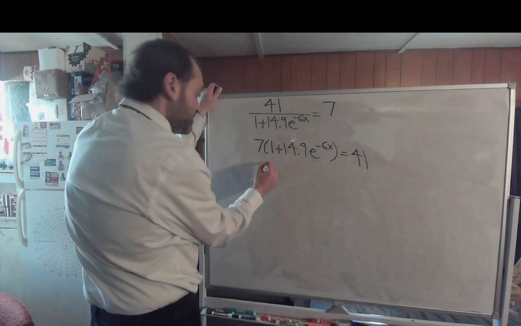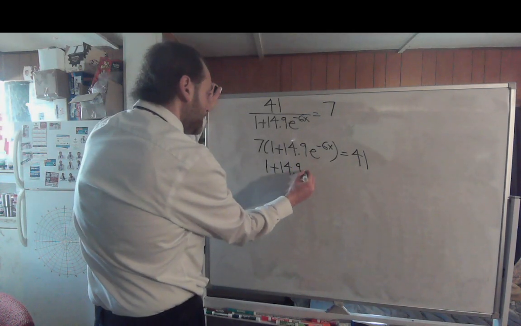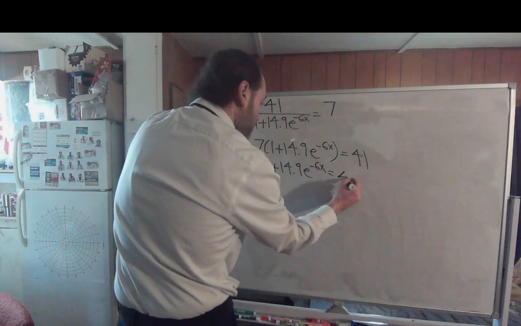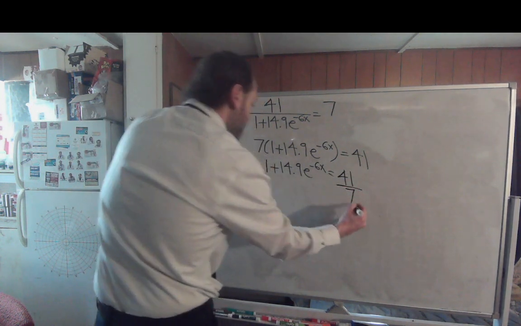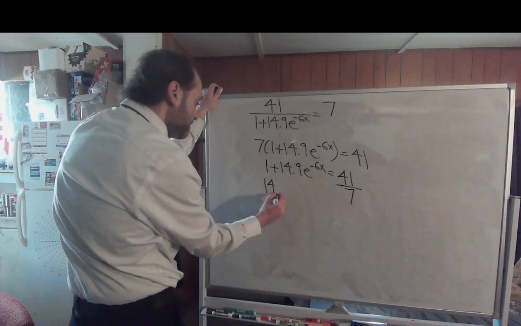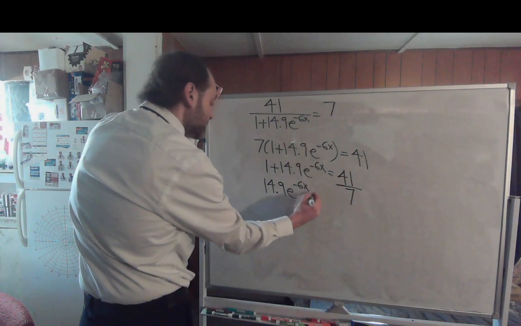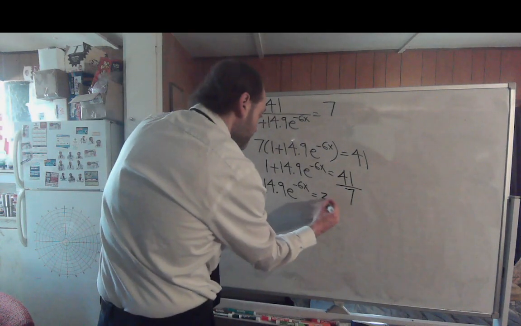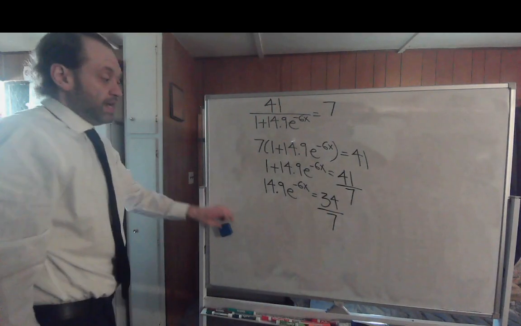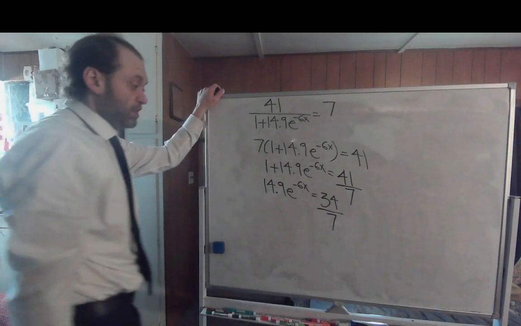So divide both sides by 7, you get 1 plus 14.9e to the negative 6x would have to equal 41/7. Now just subtract 1 from both sides, so you'll get 14.9e to the negative 6x would have to equal 34/7. Now we just got to divide both sides by 14.9.